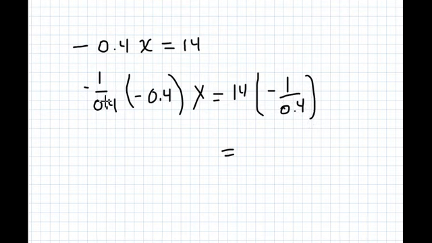Of course, multiplying these two together gives me x is equal to, and this should end up becoming negative 35. So I just use the calculator and plug that in here.